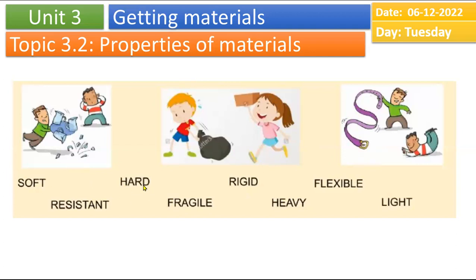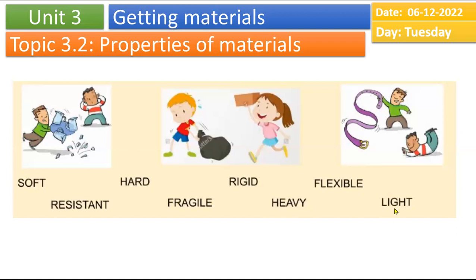Hard. Metal is hard, okay, like this glass is hard, but when it falls down it's gonna break. So glass is hard, it's not soft or flexible, you cannot stretch. And some materials are rigid, means it's very hard, like metal. Flexible, a razor and the rubber bands are flexible.